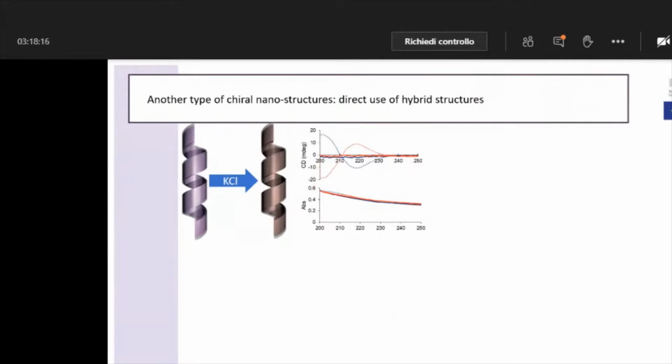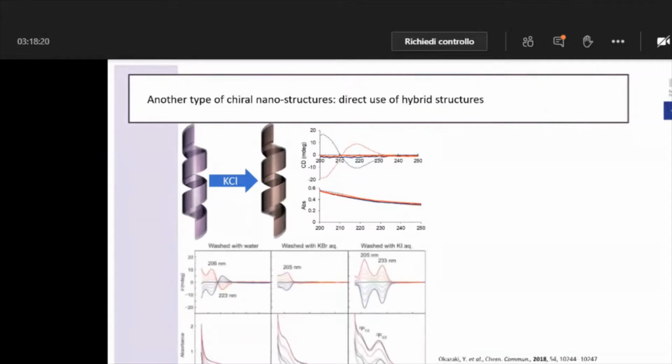in the visible range. Actually, this has been done with a lot of ions by somebody in our group. So you can exchange with bromide, with iodide, and you can observe chiroptical property, attesting that you have an interaction between the monoanion and the organic template inside the helix.